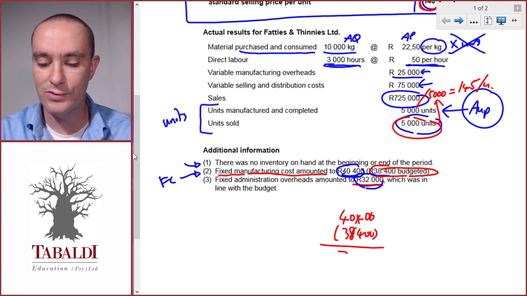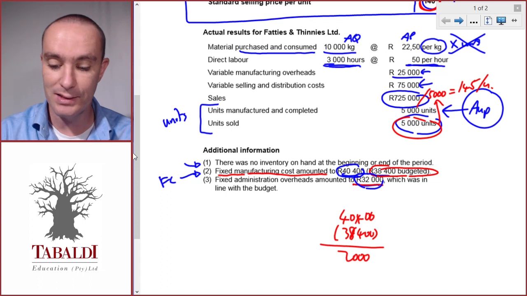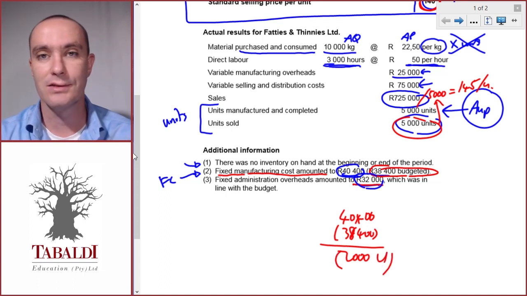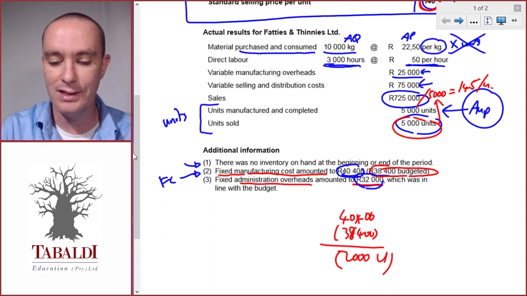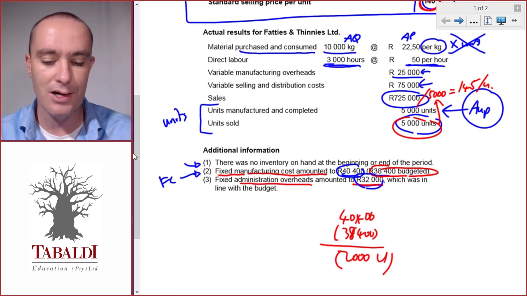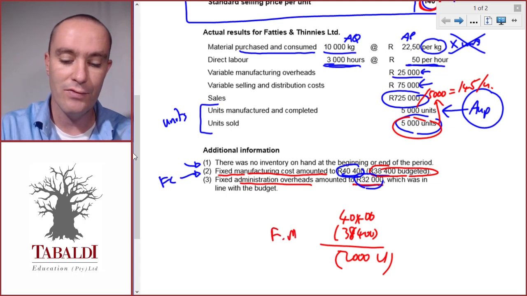So we had a difference of 2,000, and since the actual is higher than the budgeted, this is an unfavorable variance. We spent more than what we should have spent. For fixed admin overheads, they said it amounted to 32, which was in line with the budget, so no variance there. The only variance was our fixed manufacturing overheads.